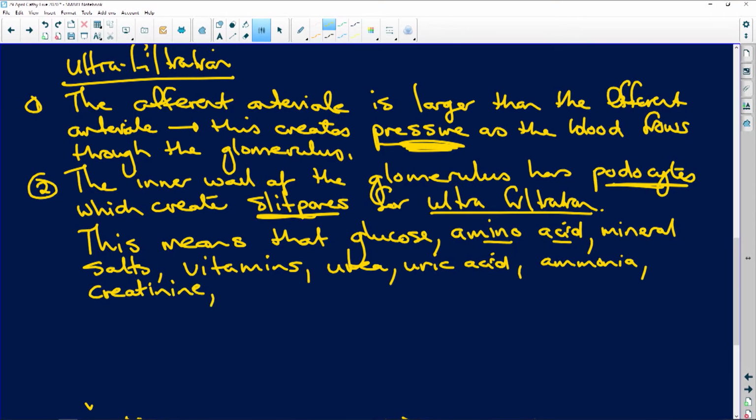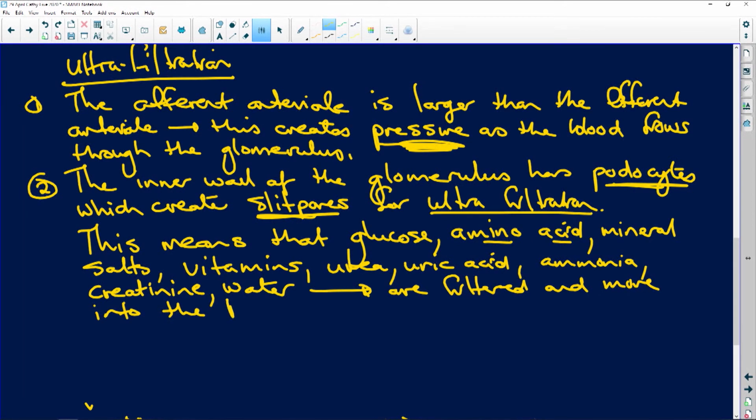Creatinine. You also have water. Okay, all of these are filtered and move into the Bowman's capsule.